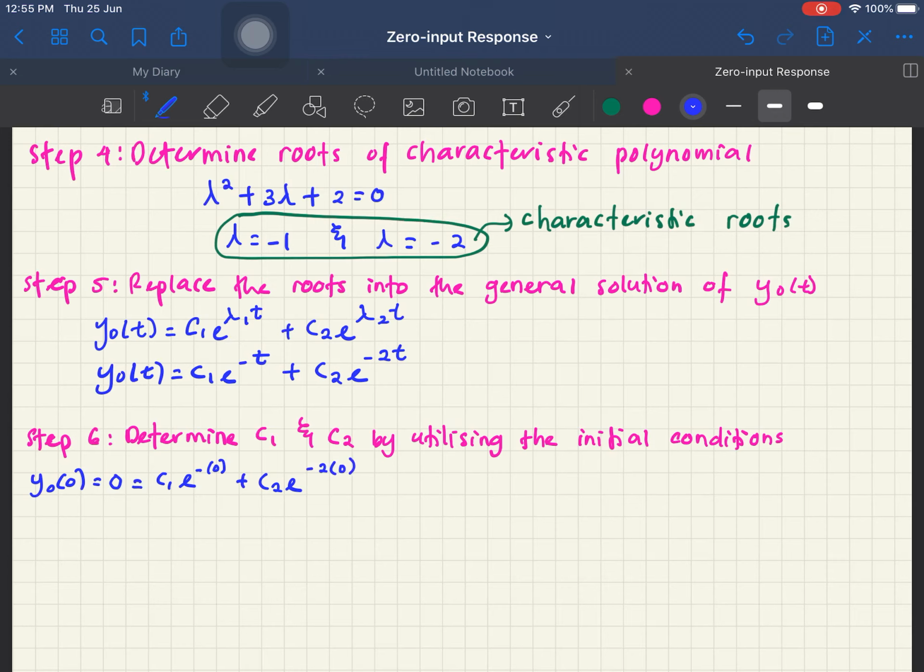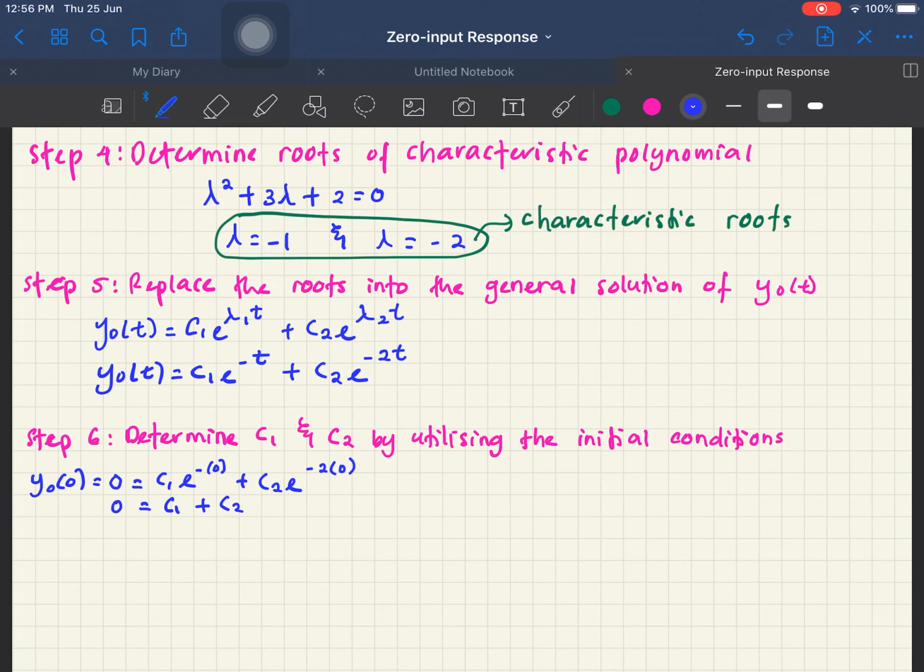Since e to the power of 0 is 1, you will have 0 equals c1 plus c2.